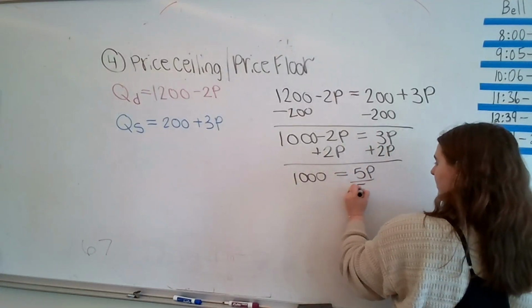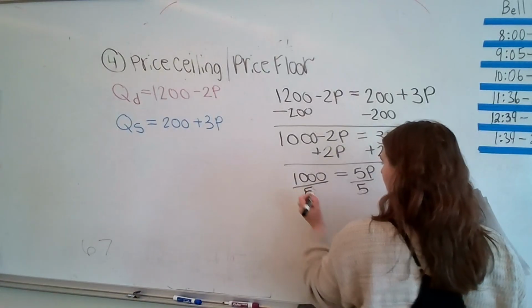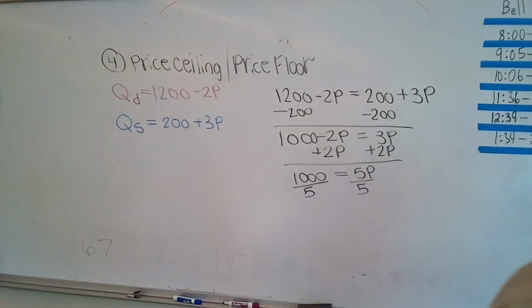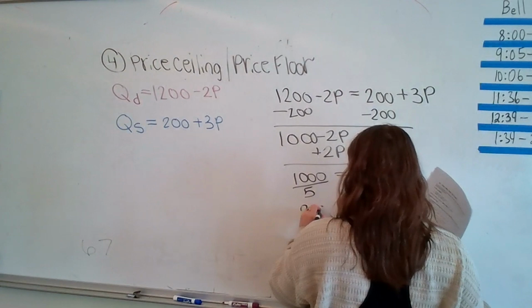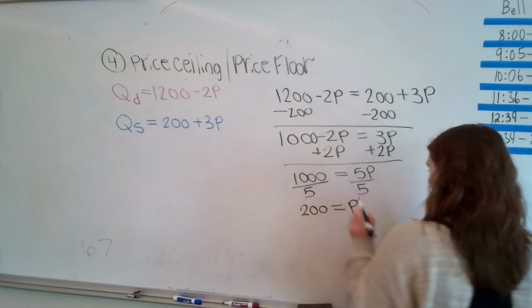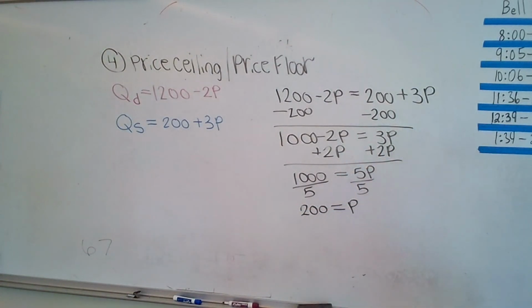And then we're going to divide both sides by 5. That's going to give us 200 is the price. So, first thing, we have our price. In this case, it's at a price of 200.